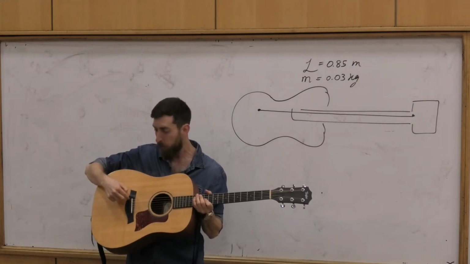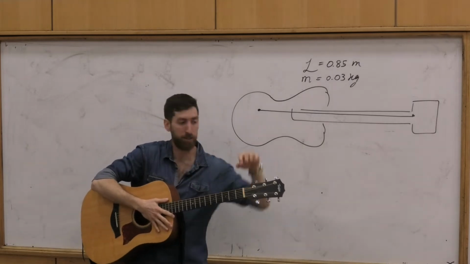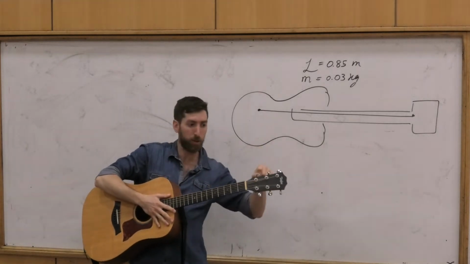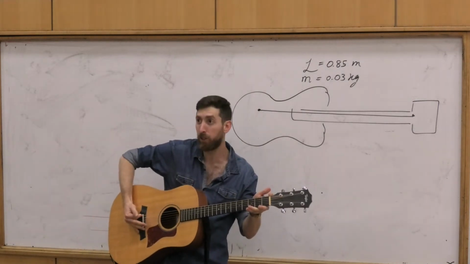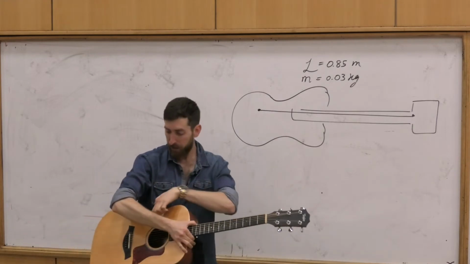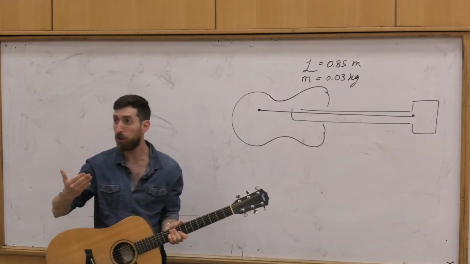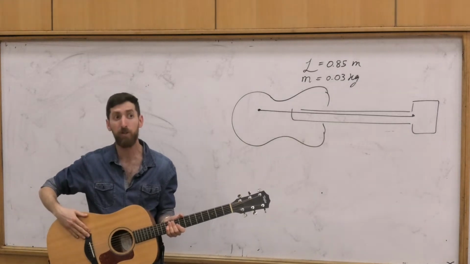The string cannot move at this point. It's fixed. And also, at this point, there's a tension that pulls it in that direction. It cannot move. So this is actually the length of the string. These points are actually fixed. These points, in professional language, are called nodes. They cannot move.